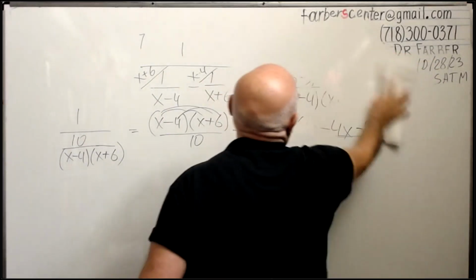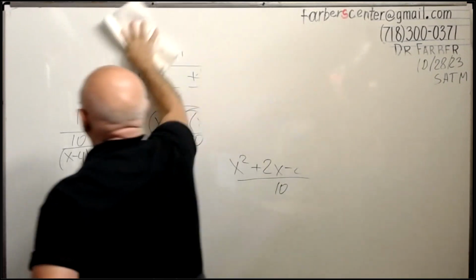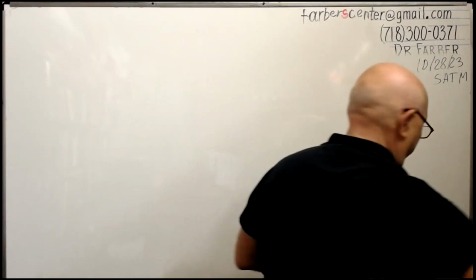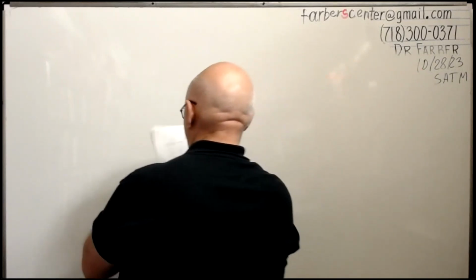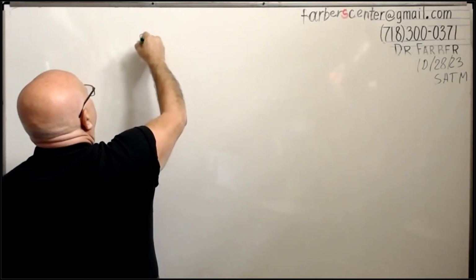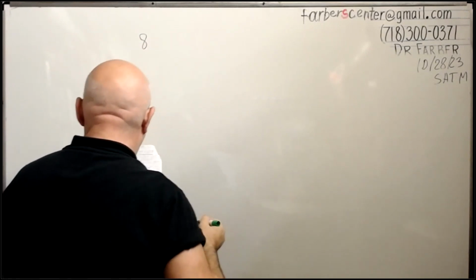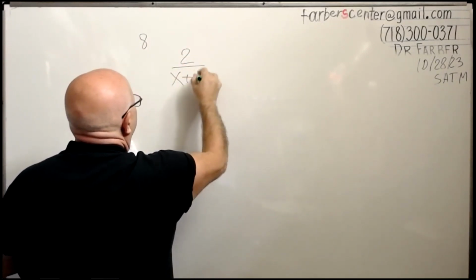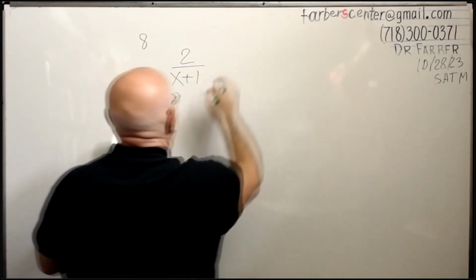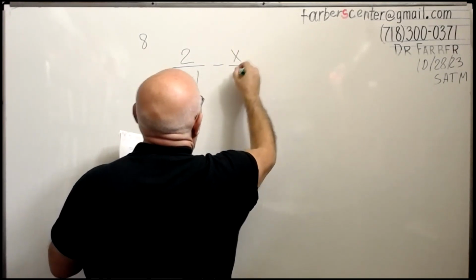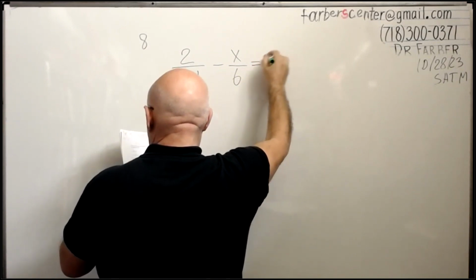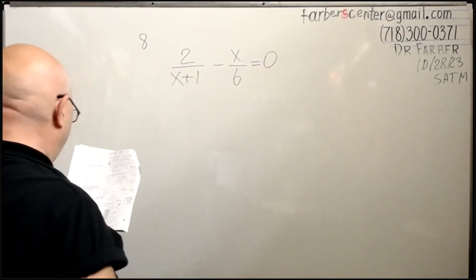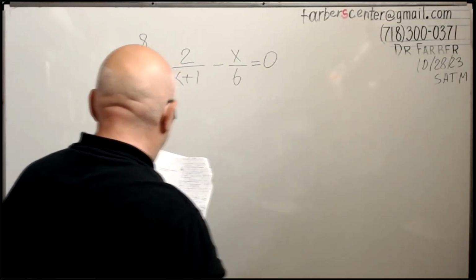Number 8. 2 over x plus 1 minus x over 6 equals 0. x1 and x2 are two valid solutions.